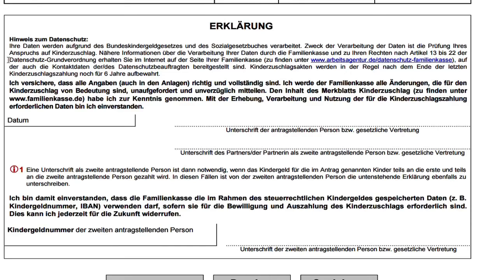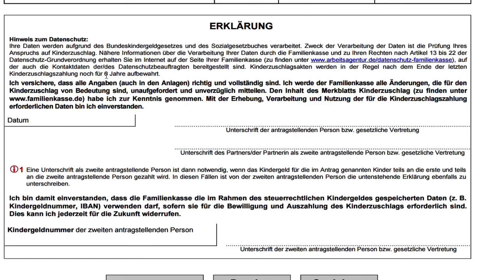You can find more information about the processing of your data by the Familienkasse and your rights under Articles 13 to 22 of the General Data Protection Regulation on the website of your Familienkasse, and there you can also find contact details of the data protection officers. They've also mentioned that they will keep your files about child allowance or Kinderzuschlag after the end of the last child allowance payment for 6 years.